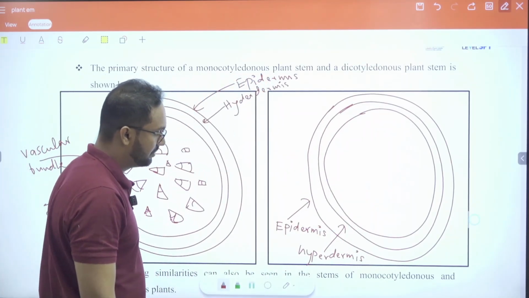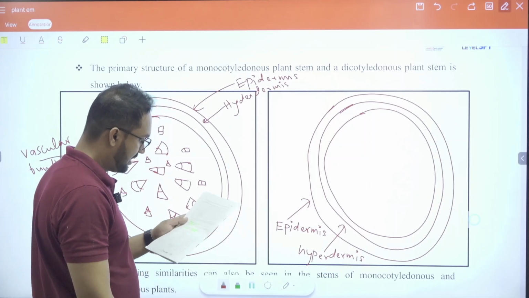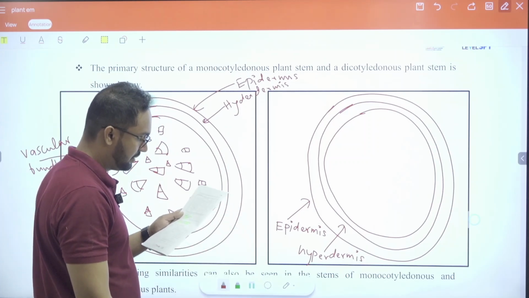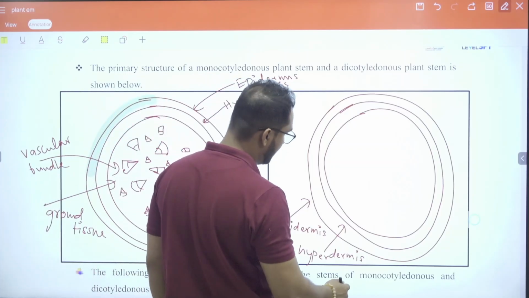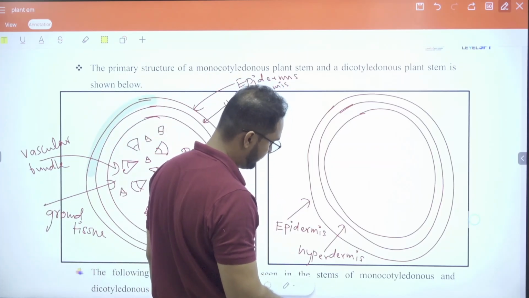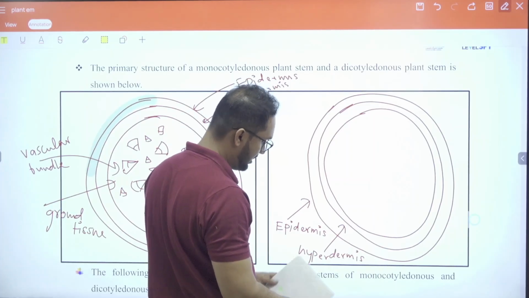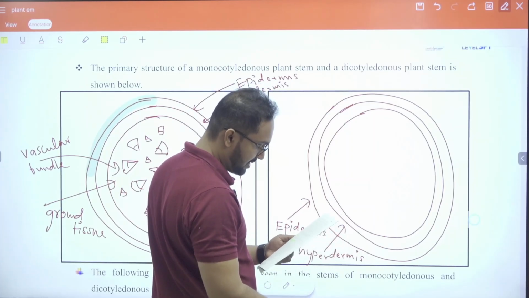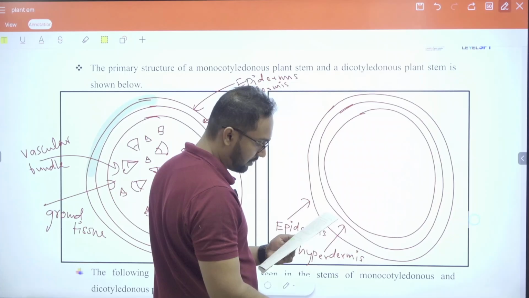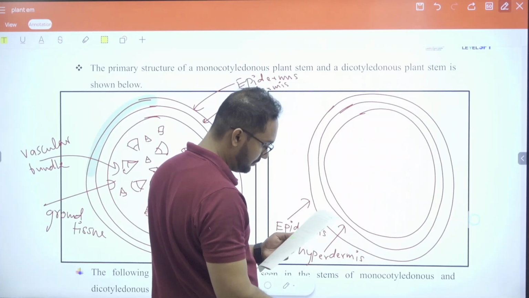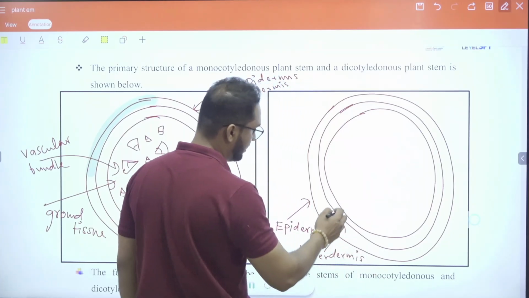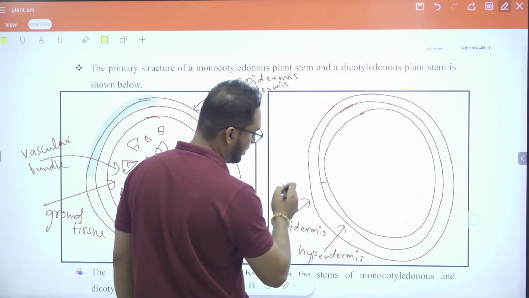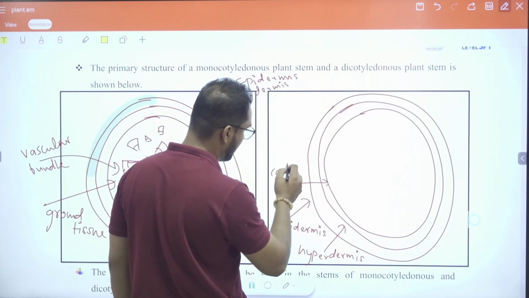So hypodermis and the epidermis, and there's the cortex inside. The inner part is the cortex, the hypodermis is there, the epidermis is there. The middle part is the pith.